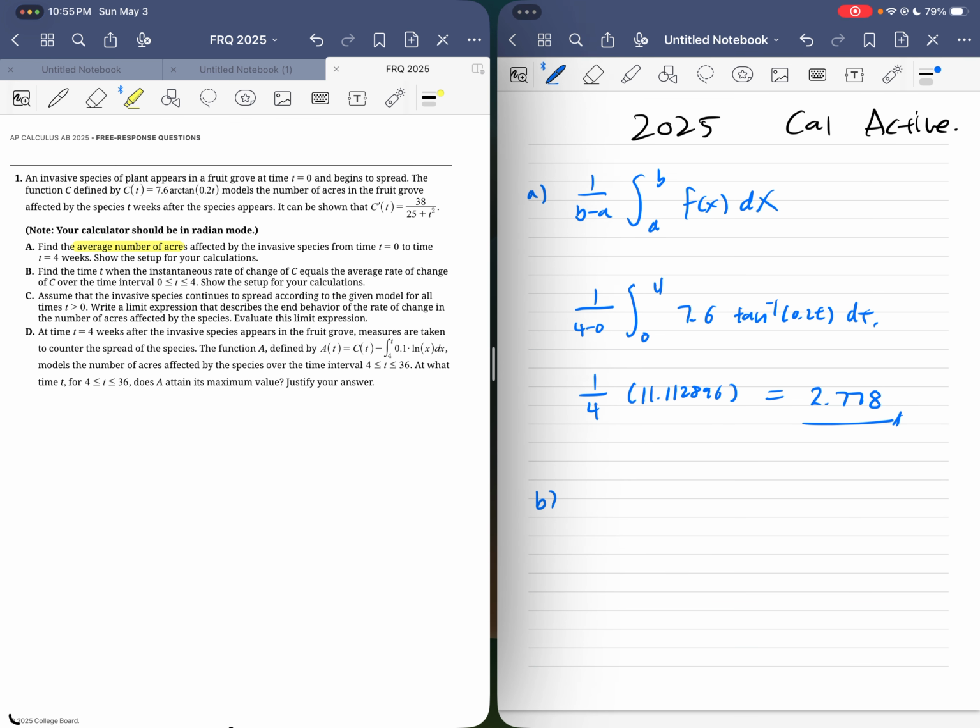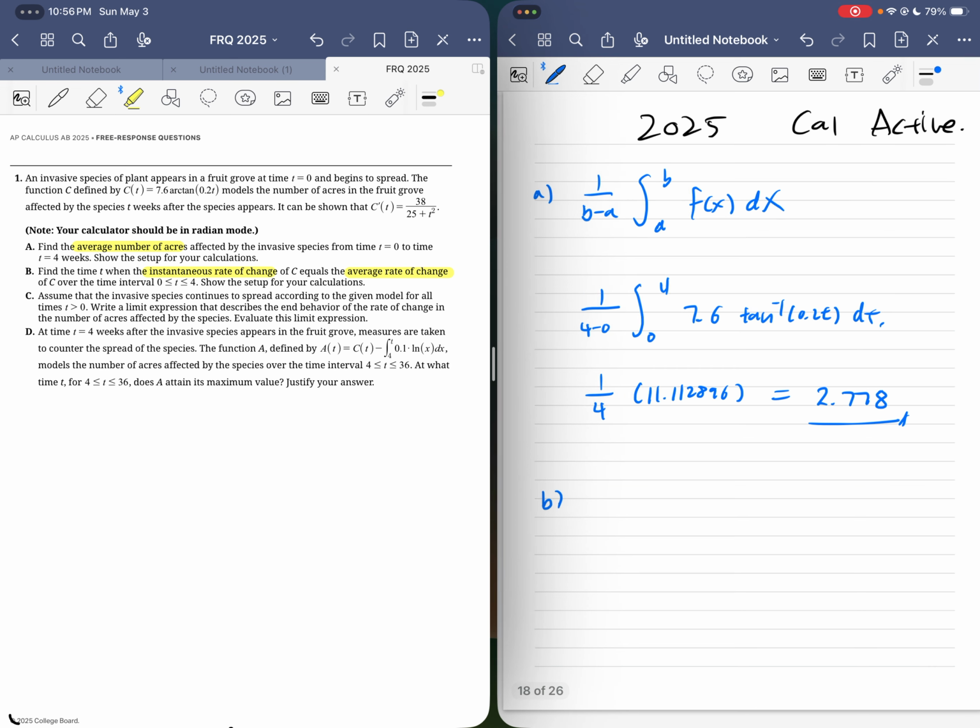It says find the time t when the instantaneous rate of change of c equals the average rate of change. So keep that in mind. This one is an instantaneous rate of change, which is the first term, and that is the average rate of change. So let's do this one.